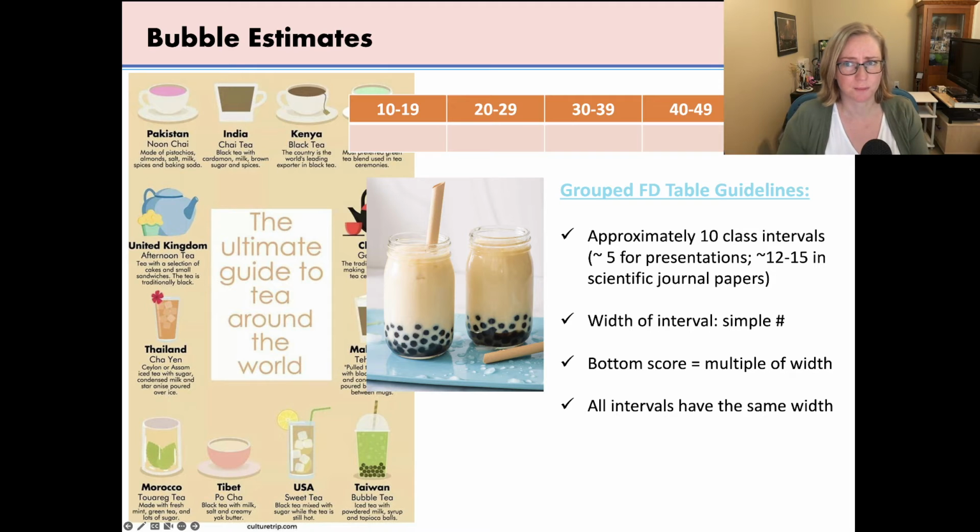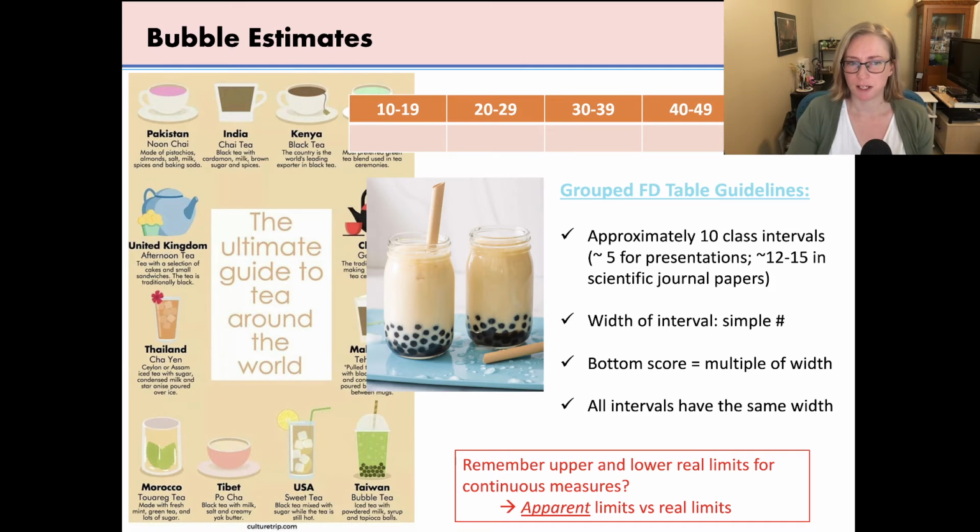So you might think, oh, this goes a little bit against these guidelines. And again, it depends on what the data is. But generally you might want to cut it off and not just have a greater than 50, because that goes against these guidelines here. Your bottom score is also usually a multiple of the width, which I did here, right, starting at 10.